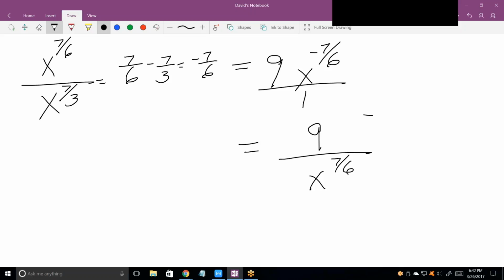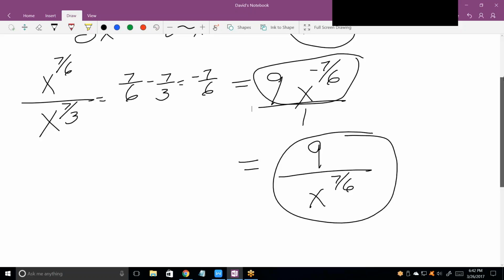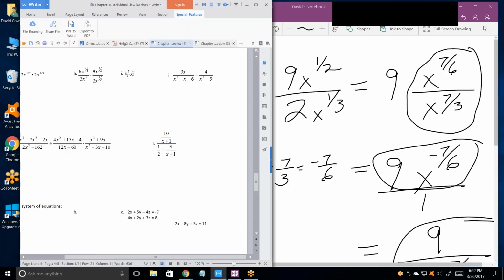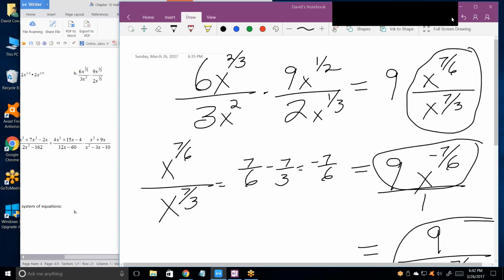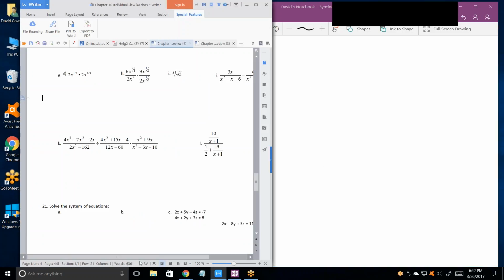But here is our answer, and we have nothing but positive exponents, which they almost always want. Same number as I had here. It's the same exact expression, it's just one of those conventions in math where they prefer you to have everything with positive exponents. Actually, I think it's just an exercise to make sure you know how to handle negative exponents.